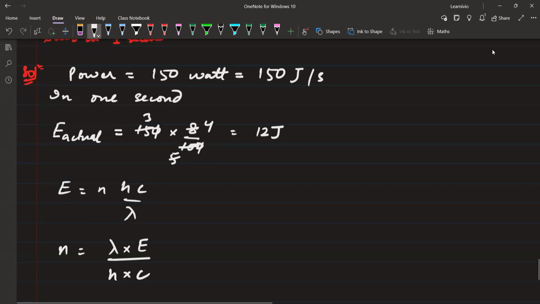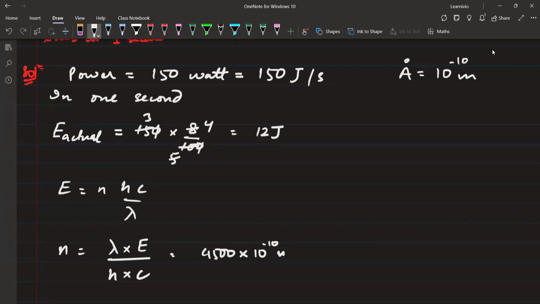बस एक चीज आप लोग को बता देते हैं, angstrom is equal to 10 to the power minus 10 मीटर. ठीक है, so instead of 4500 angstrom you will write 4500 into 10 to the power minus 10 meters multiplied by the energy.